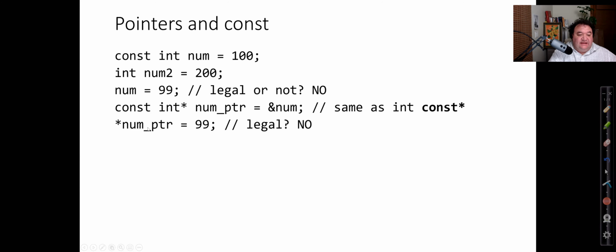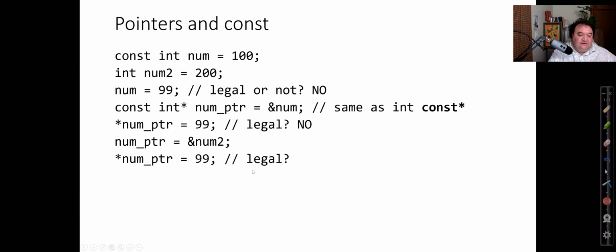So even in this case, given that we have declared that the pointer is pointing to a constant integer, that integer cannot be modified. So it's not that the pointer is constant, it's the integer. So it's a pointer to a constant, so that the use of dereferencing does not allow changing the value.